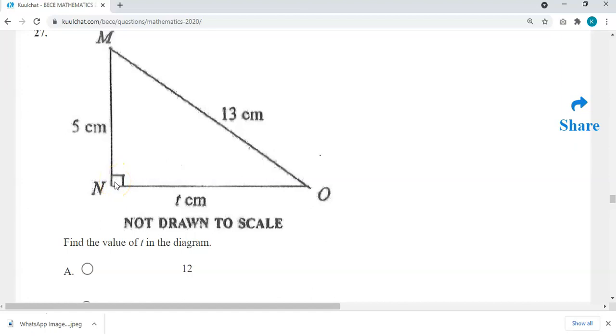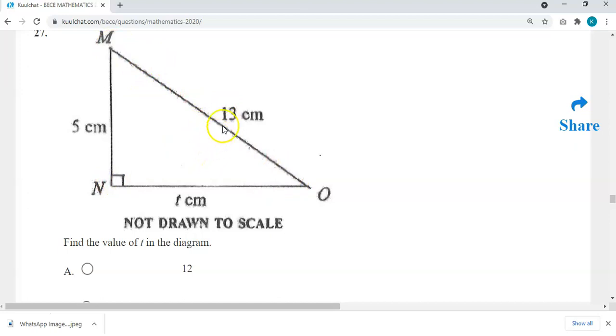Now the hypotenuse, which is the c, is the side facing your 90 degrees, which is also the longest side in the diagram. So here, since the 13 is facing this 90 degrees, we automatically know that this is our hypotenuse.